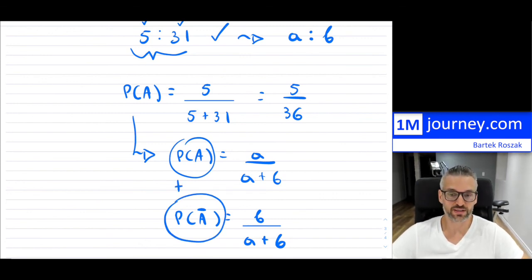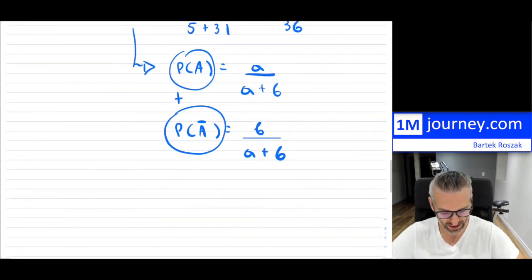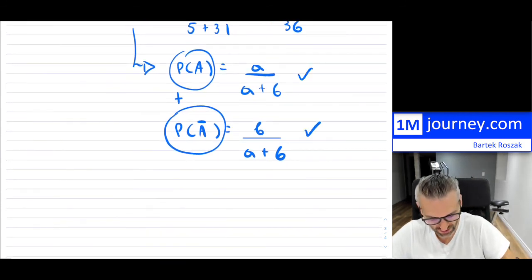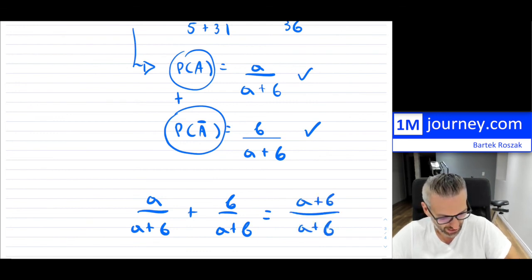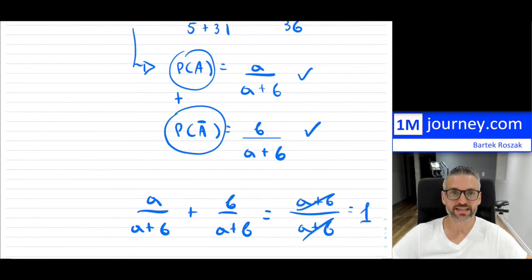Because if you add these two fractions, you get A over A plus B plus B over A plus B, and clearly this is A plus B all over A plus B, which just equals 1, as these cancel. So that's how you can work between probabilities and odds.